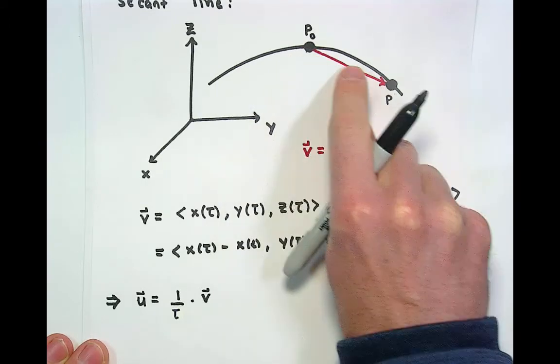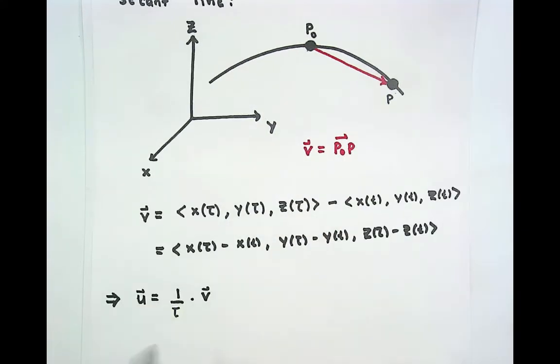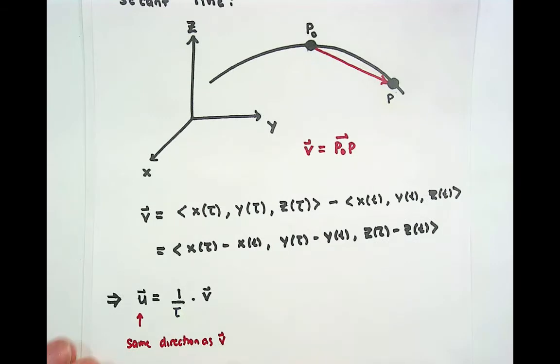So here, this is the t, this is the tau. Notice this would be in the same direction as the vector v, because it's just a scalar multiple times v, and the one assumption that we've made is that tau is not equal to 0.